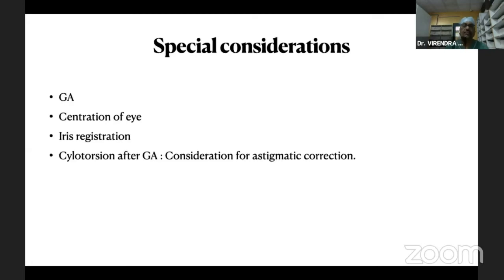Iris registration, which we commonly now use in adult patients, is not possible, because for iris registration, you need to have one image preoperatively, which will be used during surgery. And cyclotorsion after general anesthesia is a big issue. The big issue is that adult patients are cooperating by maintaining their vision at a visual axis.